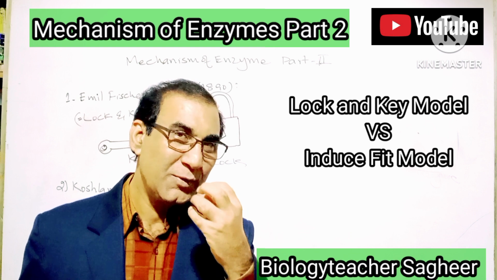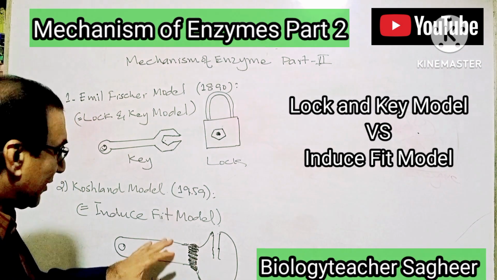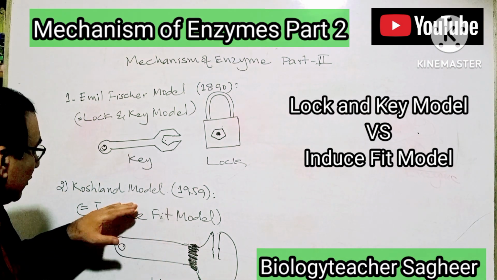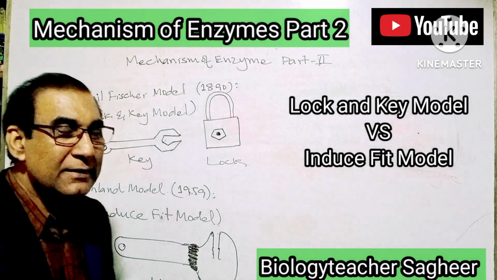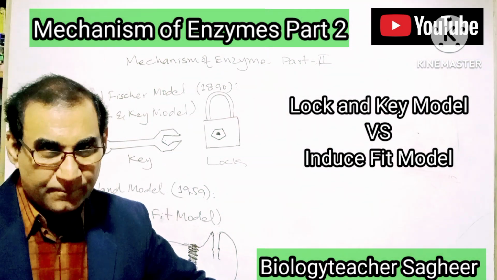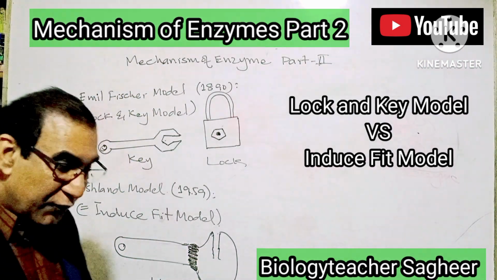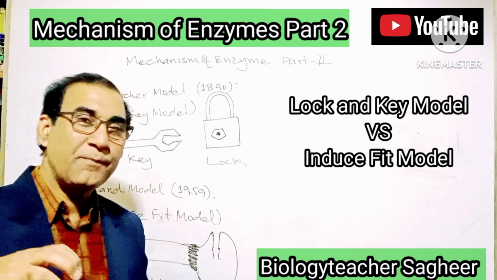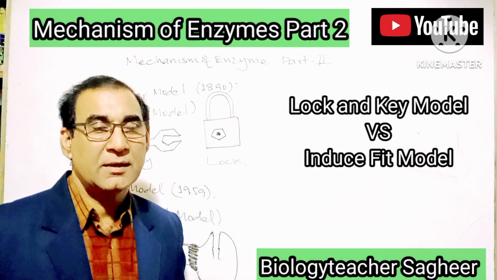The position of your active site would be different. So here is what the induced fit model was: the enzyme changes its structure, its conformation, to fit upon the substrate to carry out its catalytic activity.